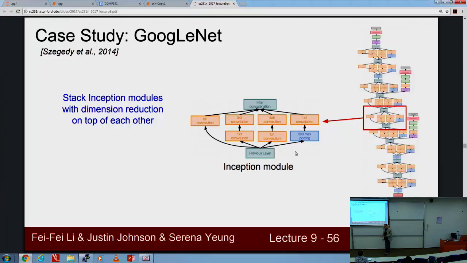So now I have a sizable gradient, and I can use that gradient to converge more effectively. That was the other idea they introduced. Now, if you take this idea and apply it to VGG, would it also improve the training of VGG? I don't know. These are things that you can play with.